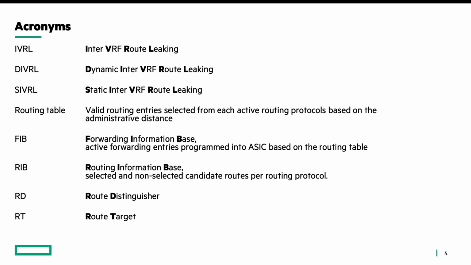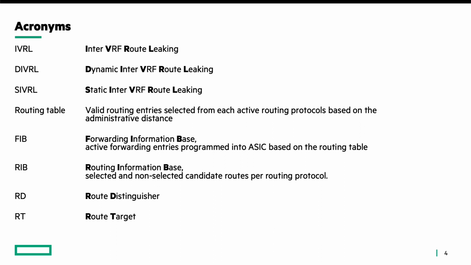So let's start with some acronyms that are going to be used during this session. IVRL stands for inter-VRF route linking. For IVRL, we have DIVRL, which is dynamic, based on BGP, or SIVRL, which is static, based on static routes.